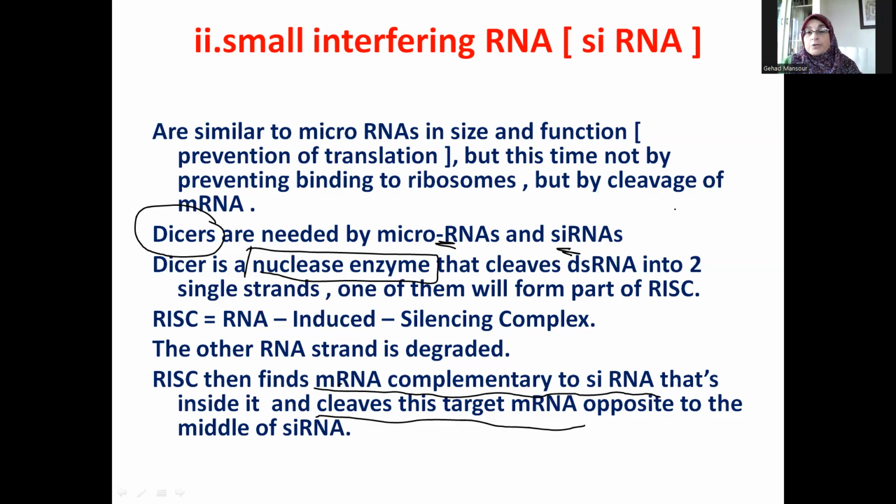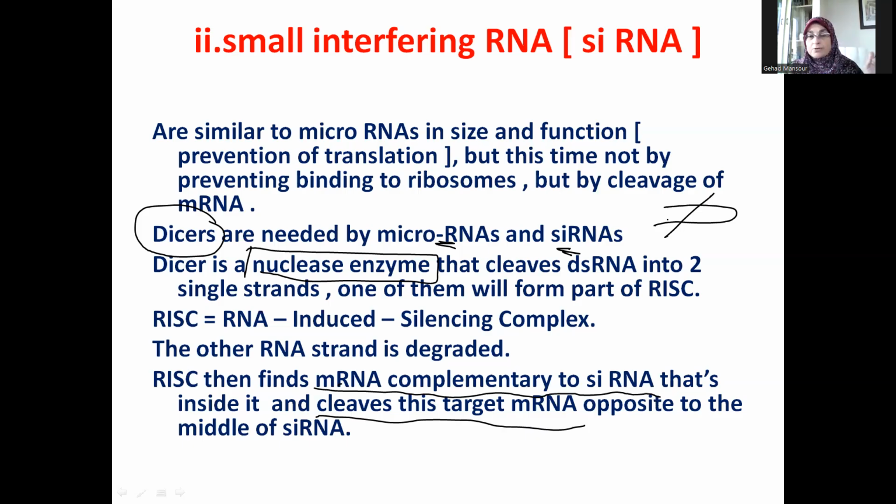Therefore, the dicers, being nuclease enzymes, will cleave any double-stranded part of the RNA molecule. For example, if the molecule of messenger RNA is folded, or in the folds of transfer RNA, they will break down the double-stranded RNA.